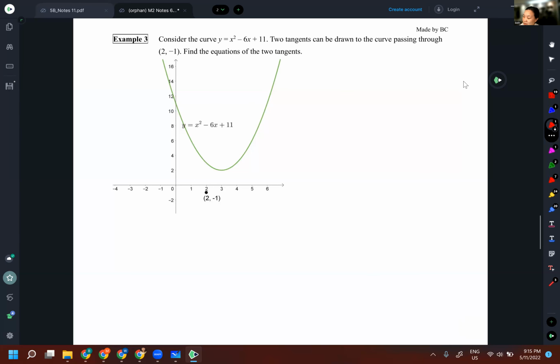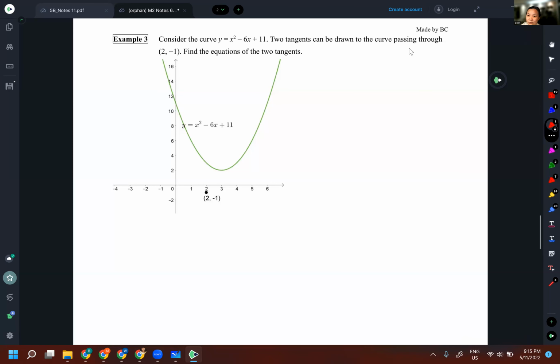But this one says tangent passing through. These two phrases you must distinguish, because one indicates that the point is on the curve.